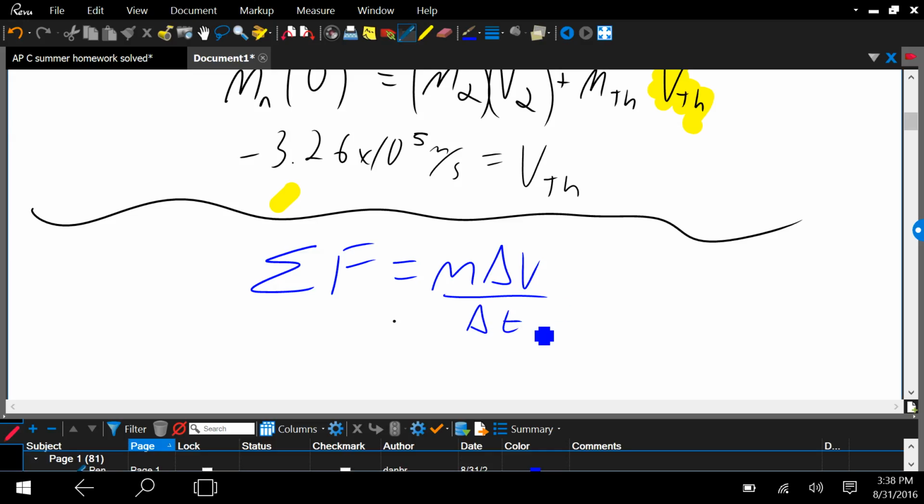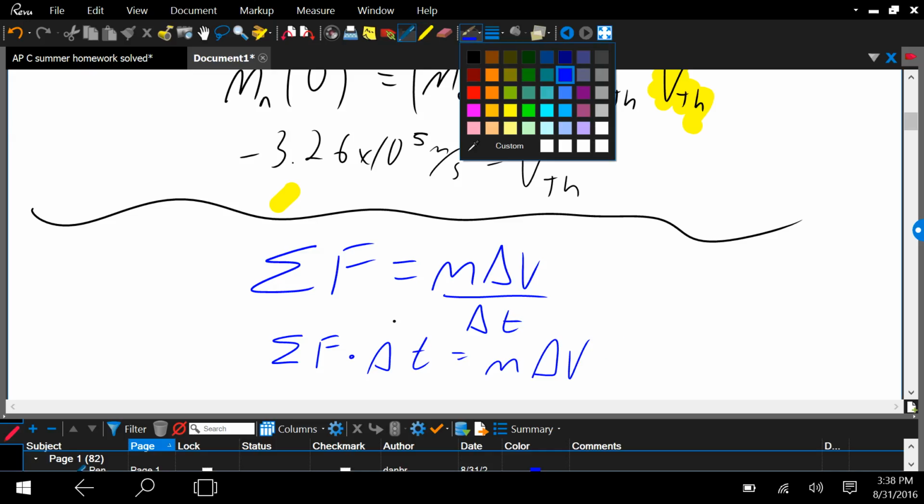And from here, we can multiply both sides of the equation by change in time. And we can say that the net external force times the change in time equals the mass times change in velocity. And the quantity on the left-hand side is defined in physics as impulse.